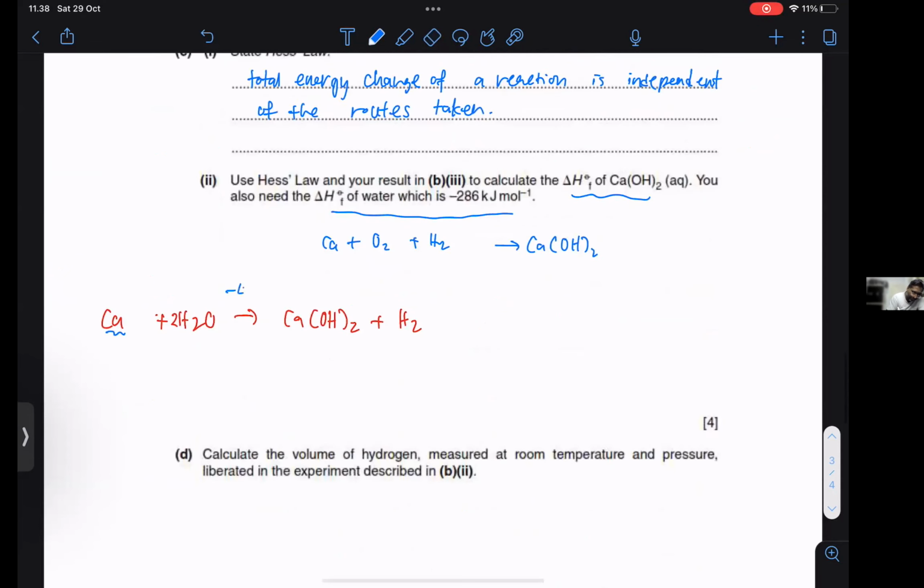They want to calculate the enthalpy change of formation, but they have given you the formation of water. So I want the formation of this. Maybe this one needs to think a little bit.